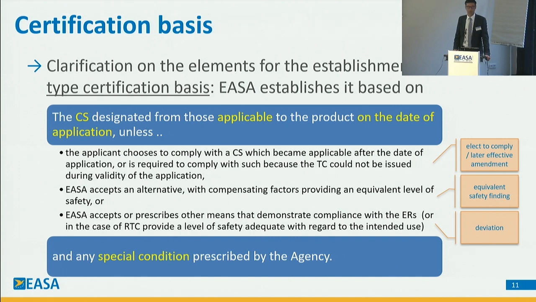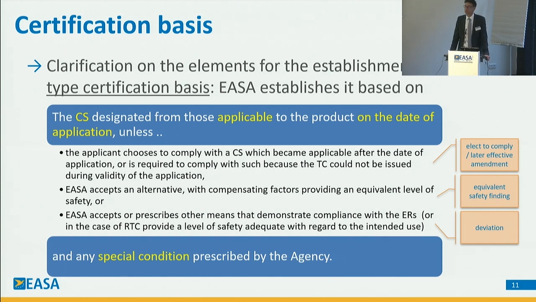So this is what we call a deviation. So you're actually not compliant with the CS, you're not even compliant with the intent of the CS, but you have to be compliant with the essential requirements of the basic regulation, which are in Annex 2. So we cannot go below this.